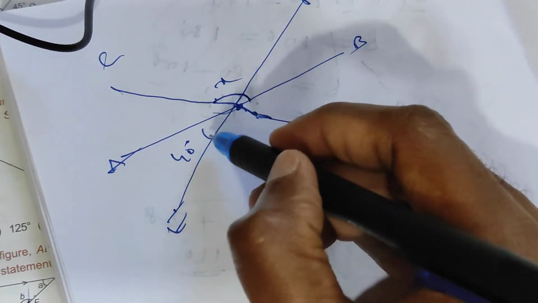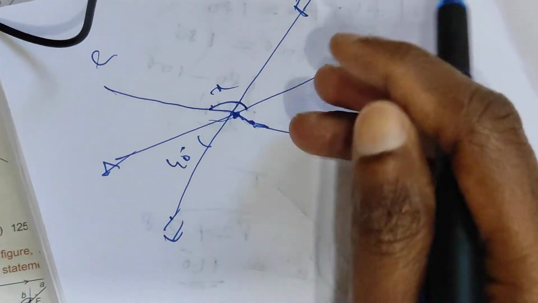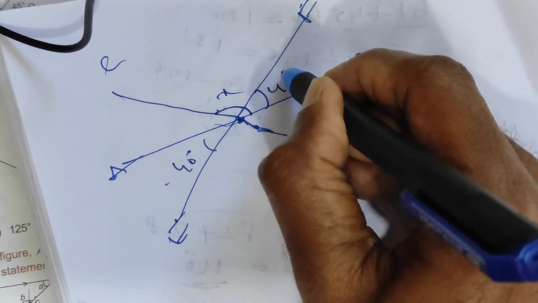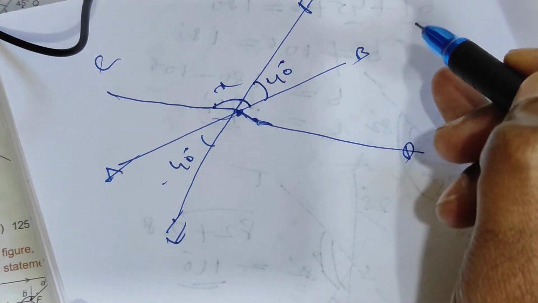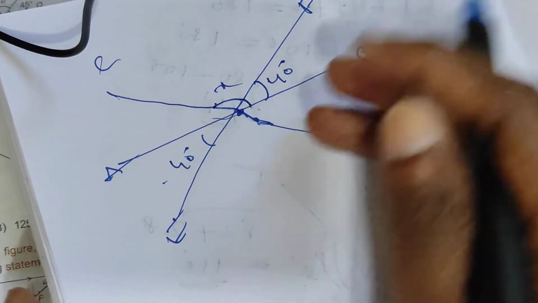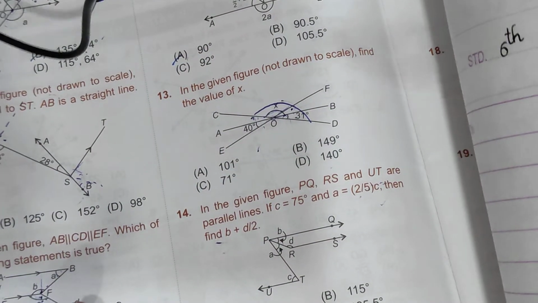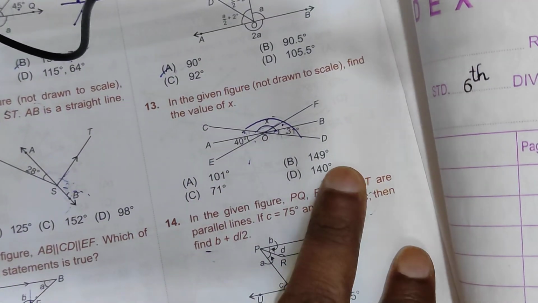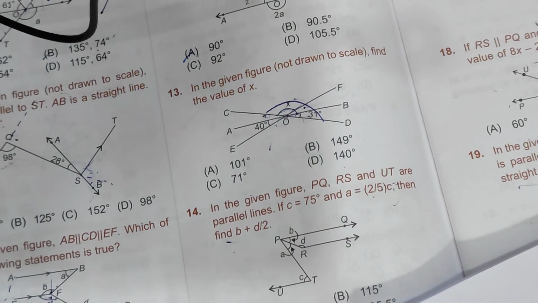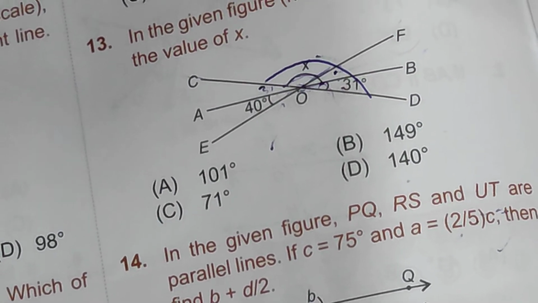As we know, two lines are intersecting each other. If this is 40 degrees, this must be equal to 40 degrees. Getting it? And there is one more clue given in the question. What is this angle?